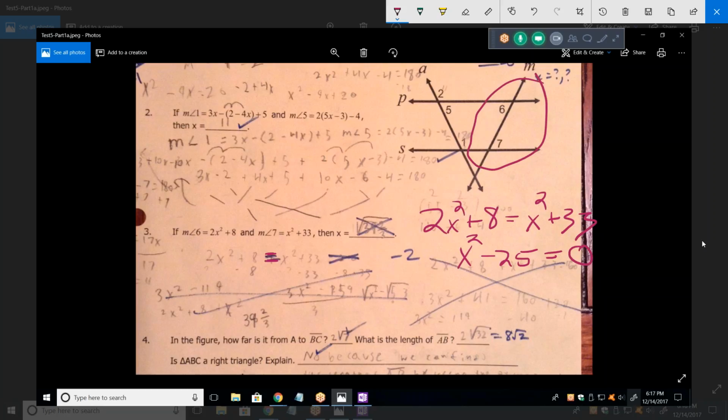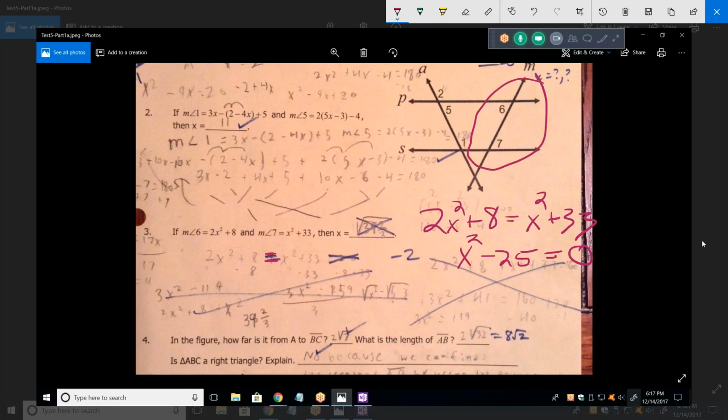Now, when you have a quadratic, there's a bunch of ways to solve quadratics. This one is particularly unique in that there's no x term.